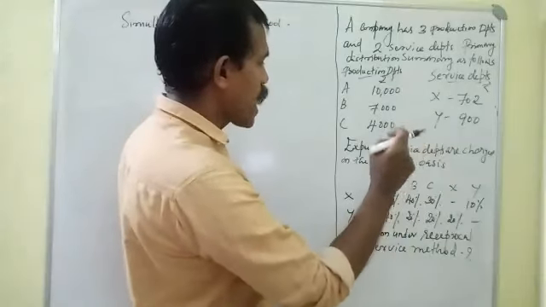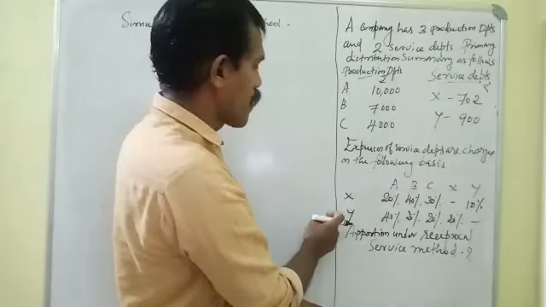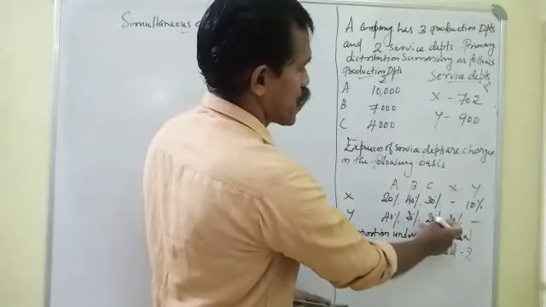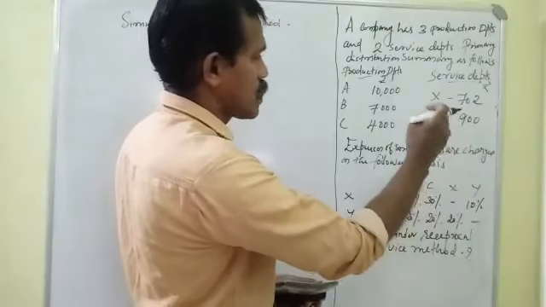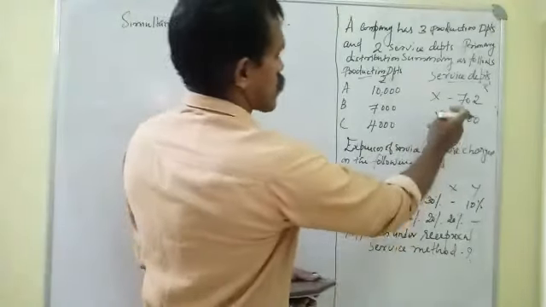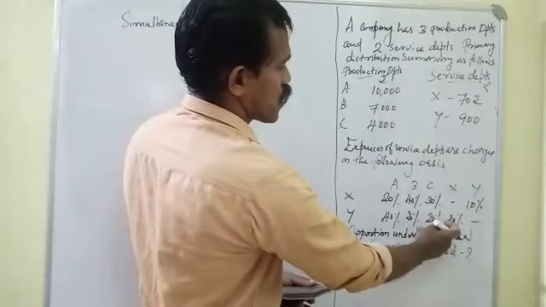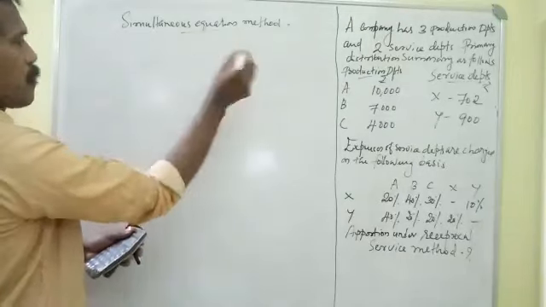Then at the time of distribution of Y's overhead, X will get 20%. Therefore, the total overhead of X is equal to this 702 plus this 20% of Y. So, I form an equation.